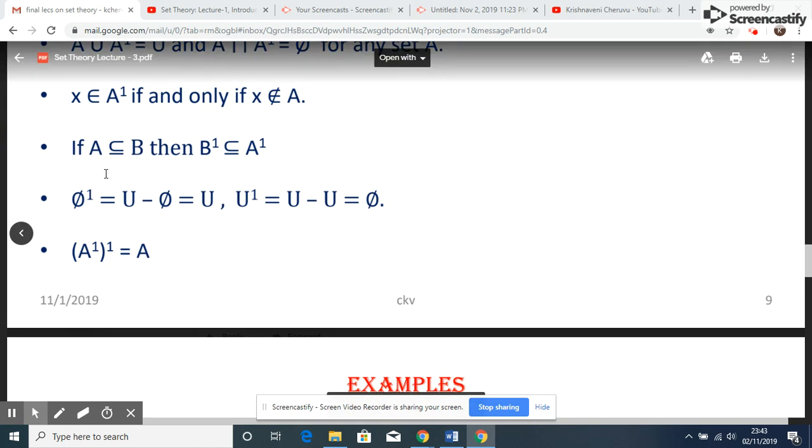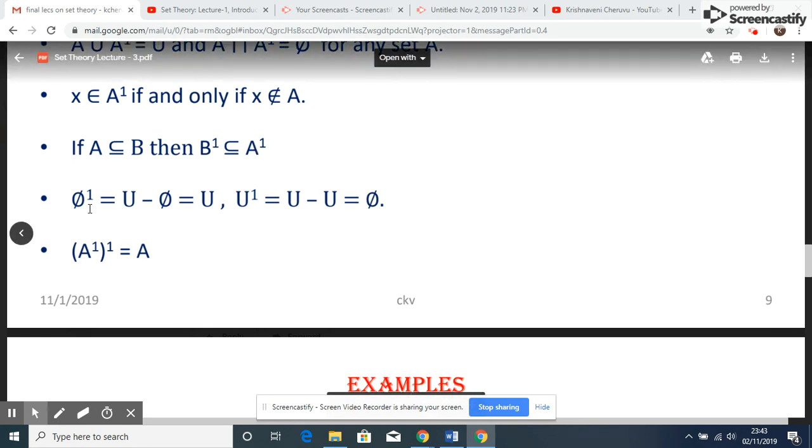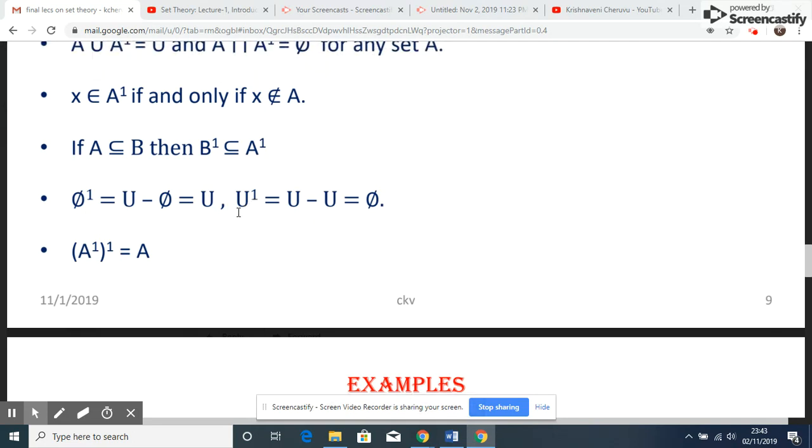Also note that if A is a subset of B, then complement of B is a subset of complement of A. Also, complement of empty set is the universal set and complement of the universal set is empty set.